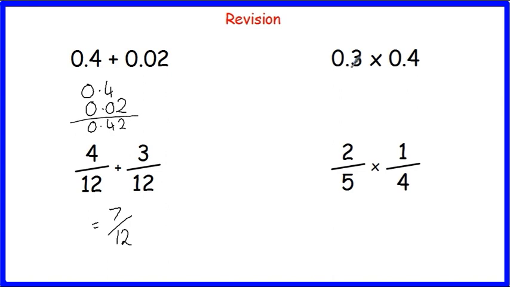To multiply these, 3 times 4 is 12, and there are 2 digits after the decimal place. So 0.12. And to multiply fractions, you multiply your numerators together, you multiply your denominators together, and you get that answer. This is a very quick recap, just in case some of these are not on calculator paper.